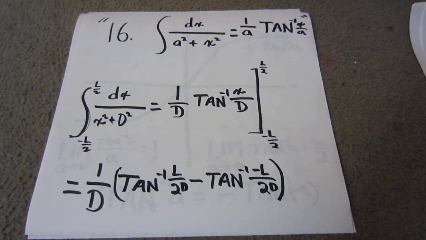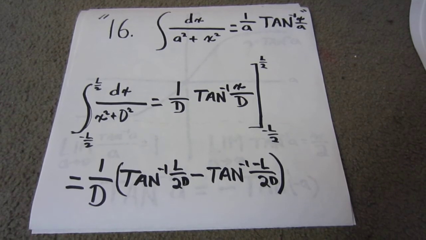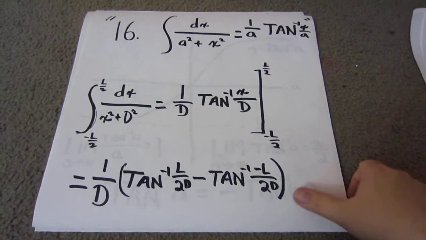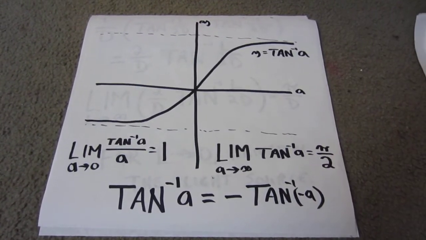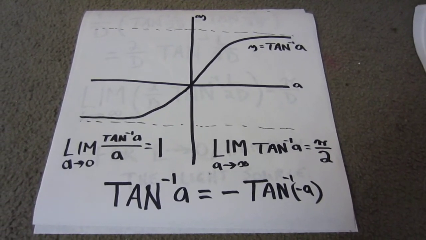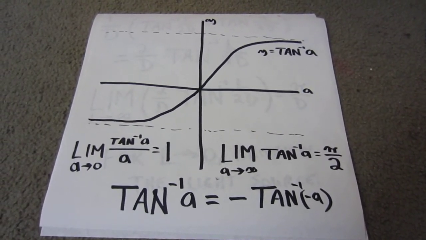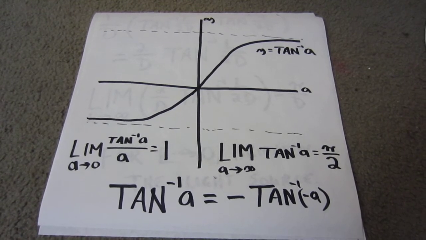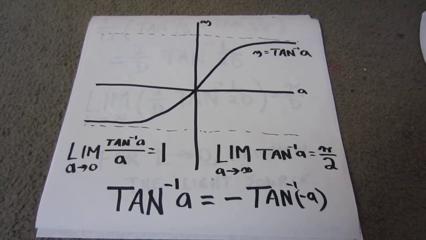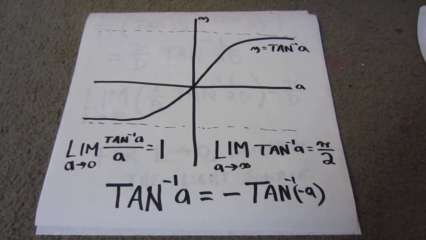So then you evaluate the antiderivative at the end points, and you get 1 over d arctangent of L over 2d minus arctangent of minus L over 2d. And given the shape of tangent, arctangent and tangent are both odd, of course, so the arctangent of A is the negative arctangent of negative A. Also, a couple other things to notice about the arctangent.